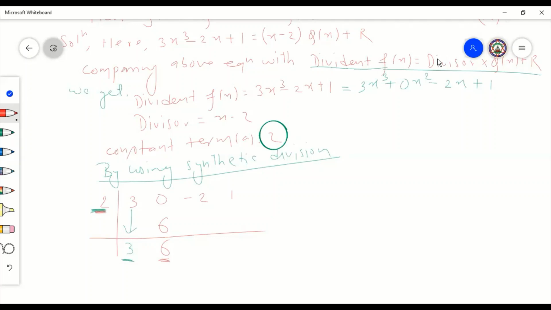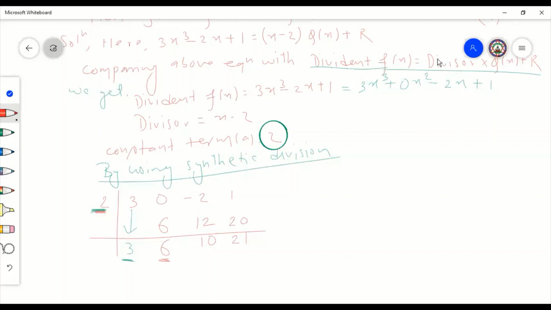That 6 we write over here, and adding, we get 6. Now again we multiply 2 and 6, that is 12. Adding, we get 10. Now again we multiply 10 and 2, that is 20. Adding, we get 21.